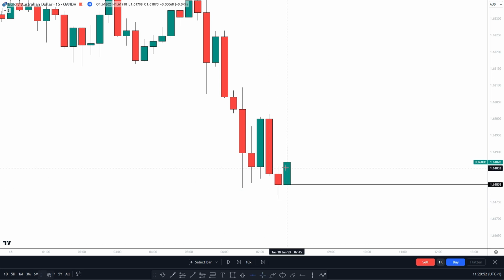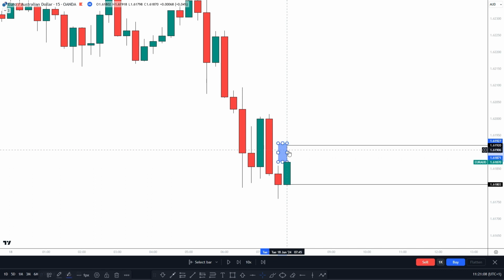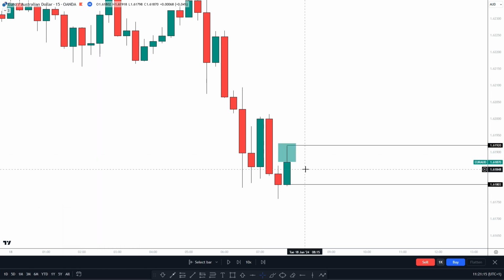Price then pushed all the way up here at one point. So this wick up here means that at one point this whole candle was green. Then, whilst the time was still open, the candle pushed down, pushed down, pushed down, and then ended up closing like this.